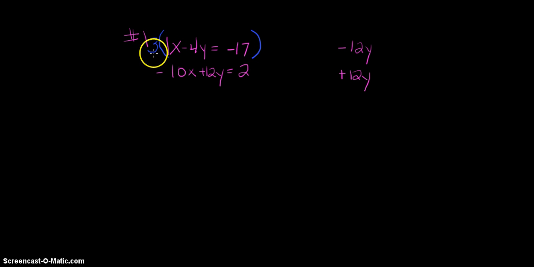All right, so 3 times that 1x is a 3x. And it changes. So we have 3x here, negative 12y, and then negative 17 times a positive 3 gives me a negative 51.